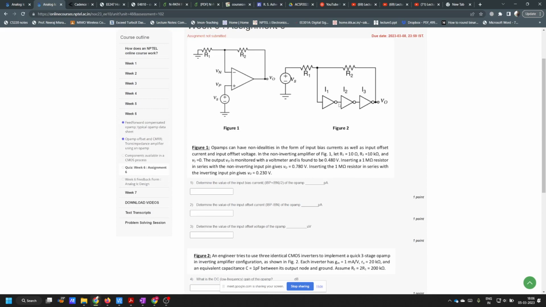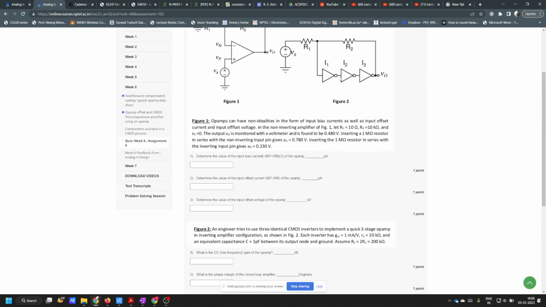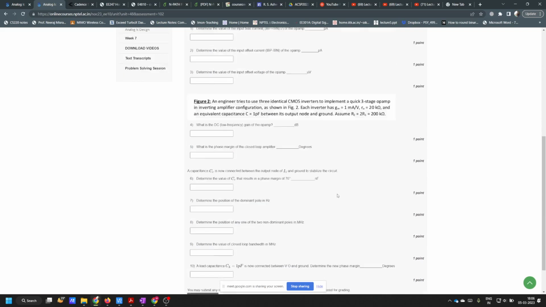From the sixth question, they added a CC between the output node of I1 and ground. So this is not a Miller capacitance, this is not Miller compensation. This is simply a capacitor between the output of I1 and ground. So this will simply change the pole of I1 and not of I2 and I3. Okay, fine.